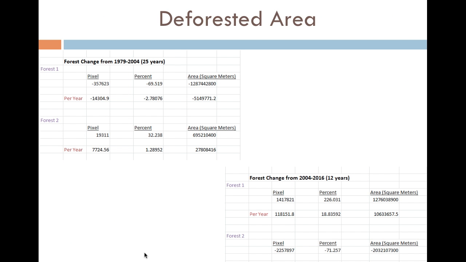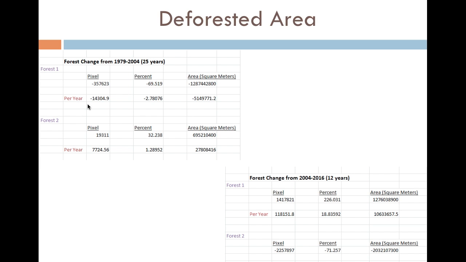And then I calculated the deforested area from 1979 to 2004, and then from 2004 to 2016. 1979 to 2004 had a 25 year difference.